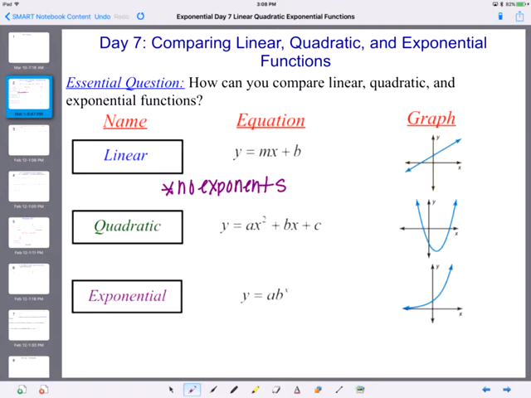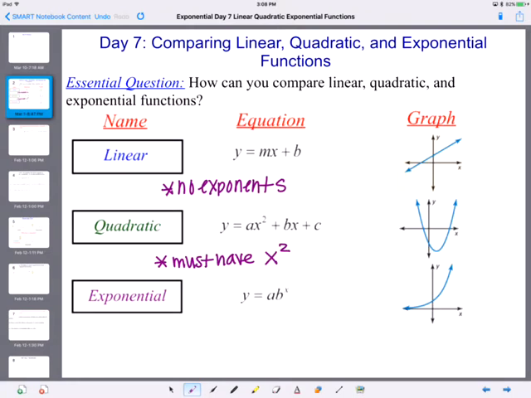Looking at the next function, a quadratic function has the equation y equals ax squared plus bx plus c, and it forms a U shape. Please make note that a quadratic function must have an x squared term.